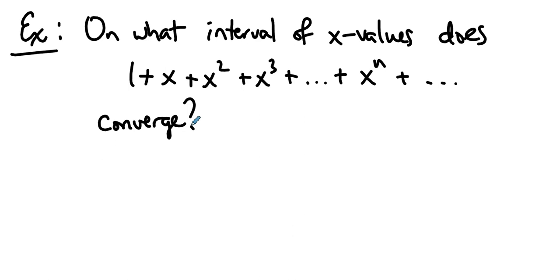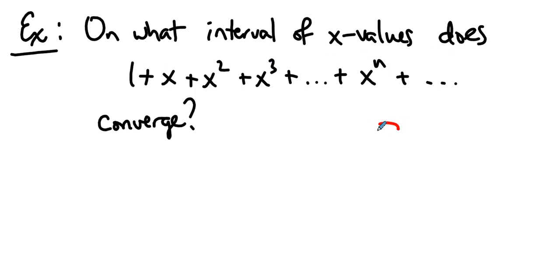Well, let's think about what kind of series this is. This is a kind of series we have studied before. It is geometric. Multiply by x, multiply by x, multiply by x, and so on.